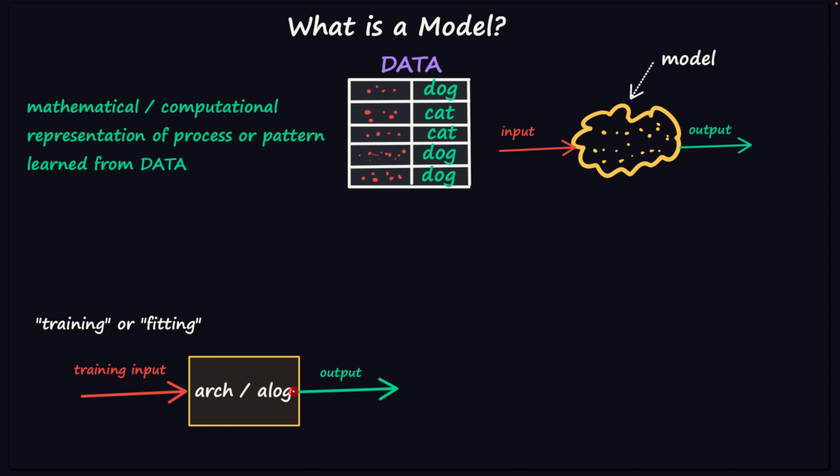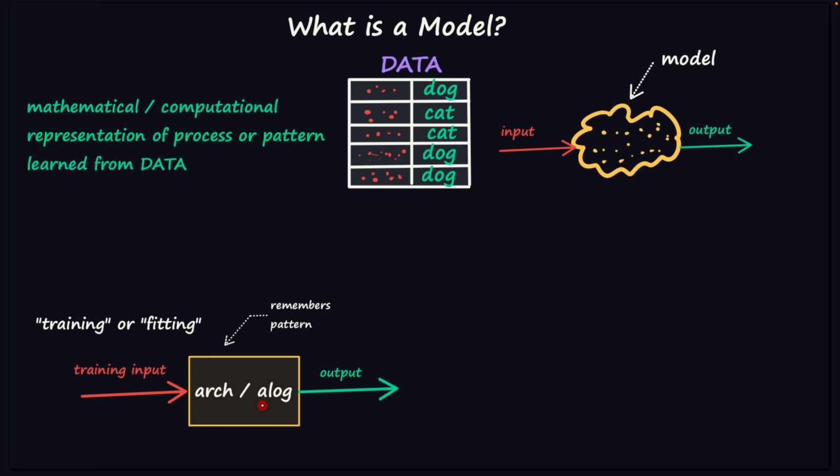Once it has learned successfully, i.e., it has recognized the patterns successfully, it will remember that pattern. Now, a model is the combination of the architecture or algorithm that we have chosen plus the pattern that it remembers. So the combination of these two is called a model.